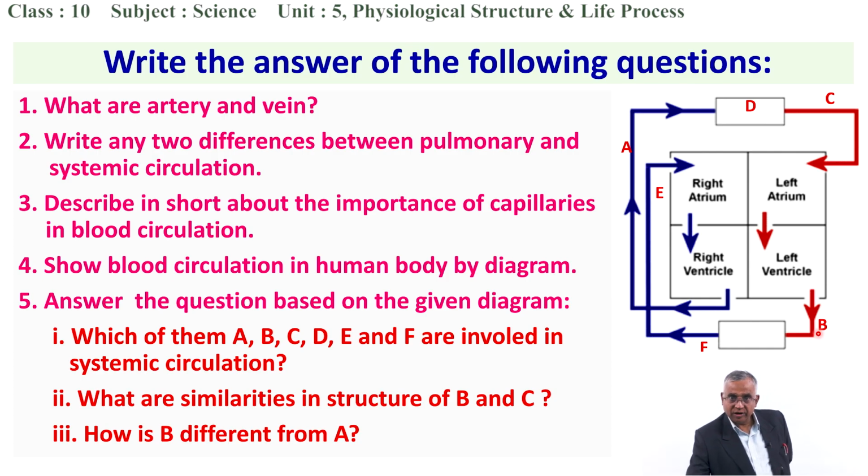Both take blood out from here, so it is different in function. The color shows that one is carrying pure blood and the other is carrying impure blood. One carries blood into different parts of the body and the other carries blood into D, that means lungs. You can write its purpose. There are 3 points you can write, it doesn't matter, 1 point is enough.